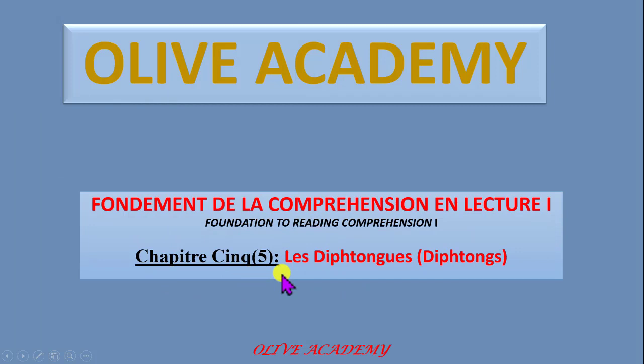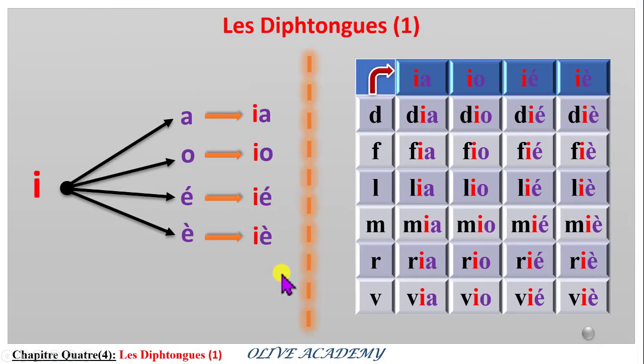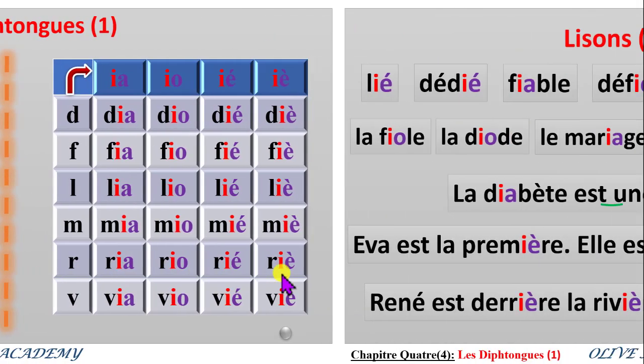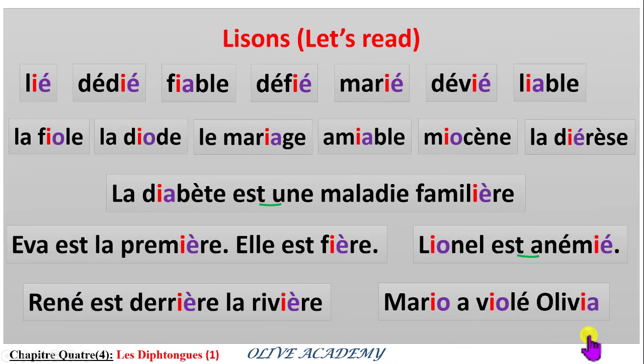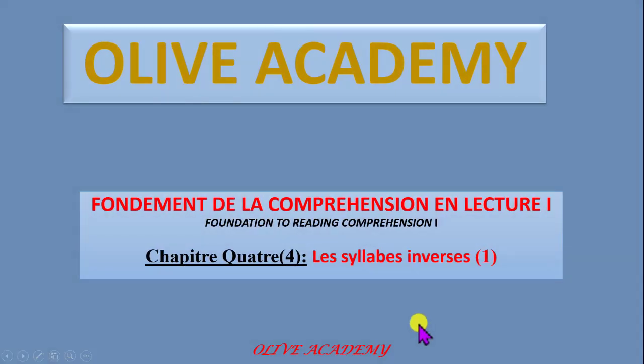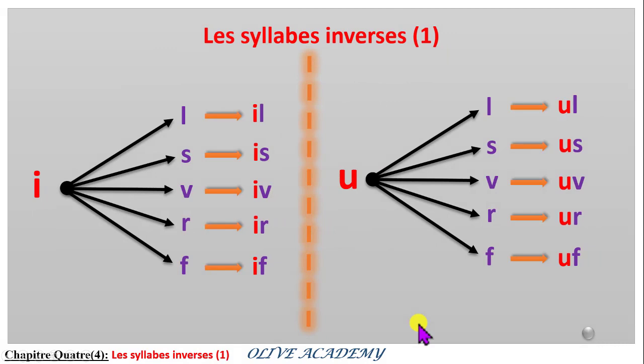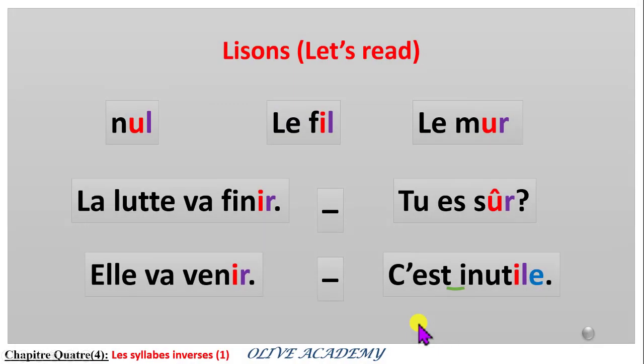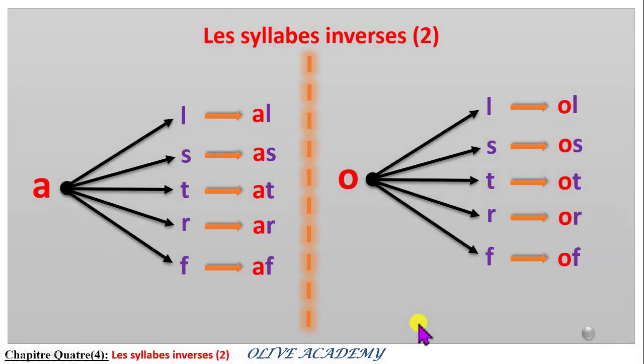In Chapitre 5, that's lesson 1, we have learned this. But in Chapitre 4, we have seen les syllabes and vers. So, these are the things we have seen in Chapitre 4.